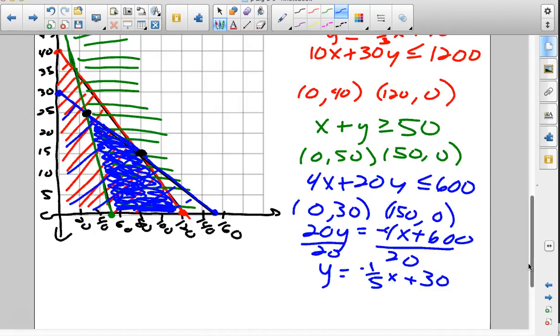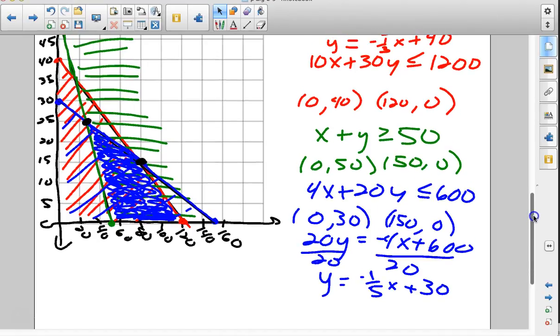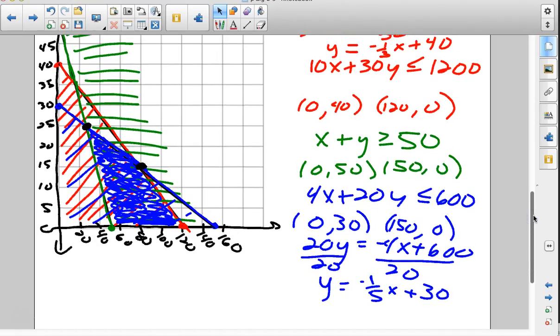All right, let's get them in the calculator, change our window, and see if we can at least find this one before the bell rings today. Negative 1/3 x plus 40 and negative 1/5 x plus 30.